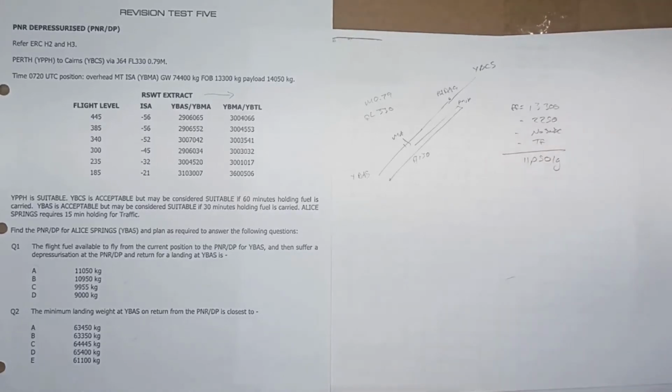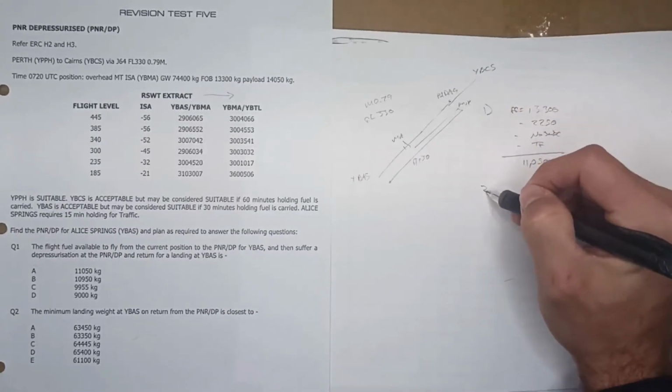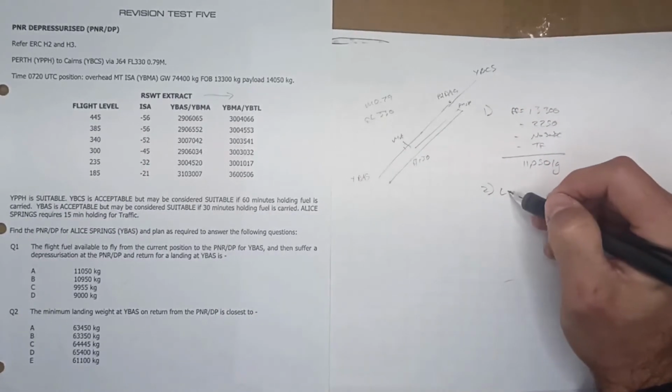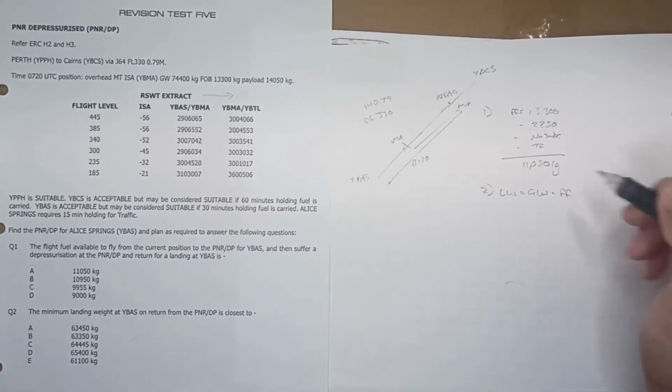Now this figure is the amount of fuel that is available for us to use to fly to the PNR, depress, and then fly back from the PNR position to our point of Alice Springs. Straight away with the flight fuel, we can work out our landing weight, which will be our gross weight at the time minus our flight fuel available.